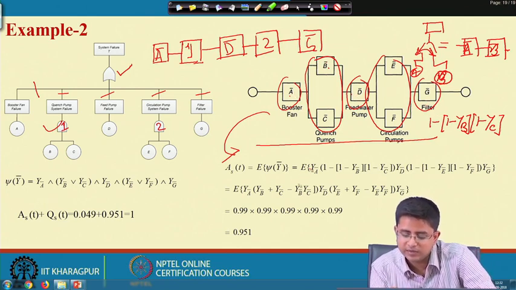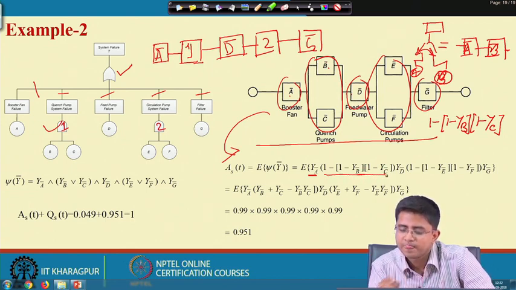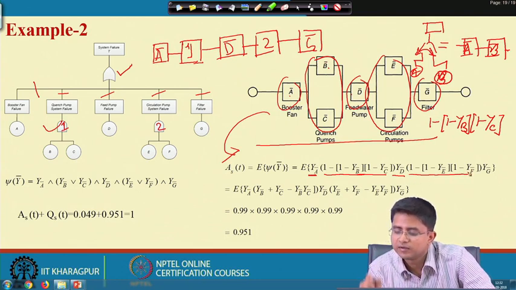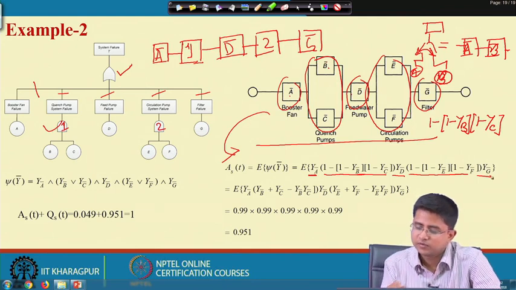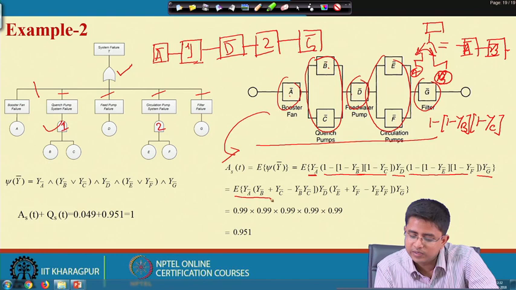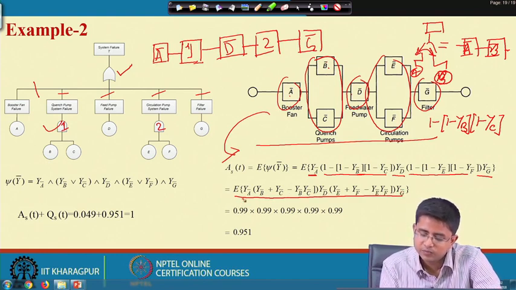So, just like here, y a bar is the indicator variable of A bar. Then for this we write 1 minus y b bar into 1 minus y c bar. Then for this y d bar, for this portion again this is parallel. So, 1 minus y e bar into 1 minus y f bar, then again y g bar. So, if we further dig down it, we will get this type of equation and just put the values.